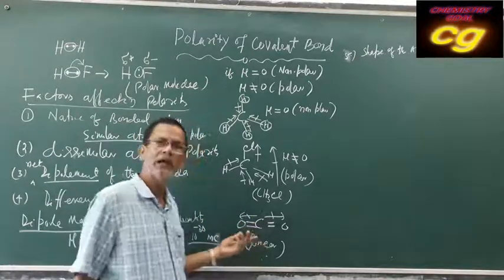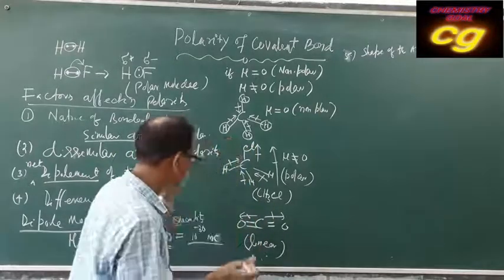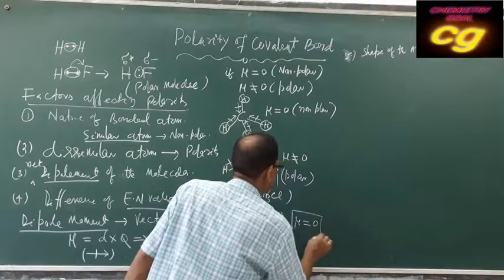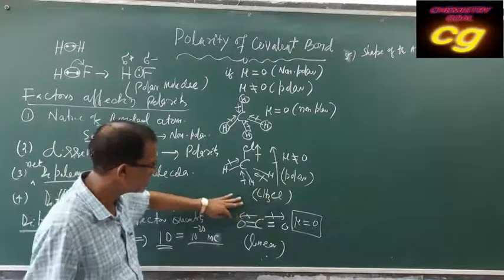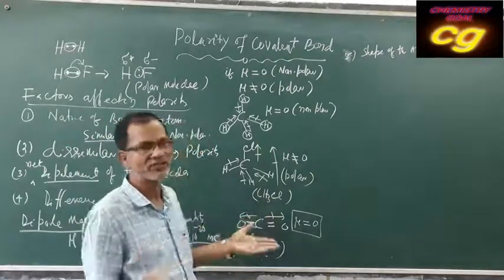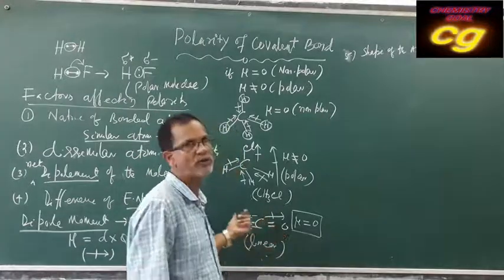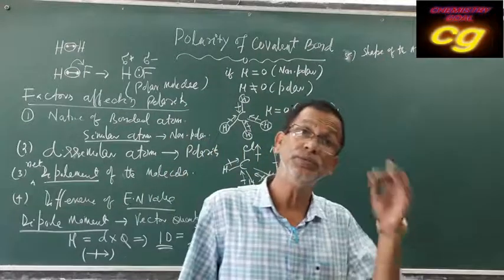Like two equal vectors in opposite directions, the resultant mu value will be 0. Both will be cancelled, because in opposite directions one vector is positive and the other is negative. If you add these two vectors, the resultant will be 0.